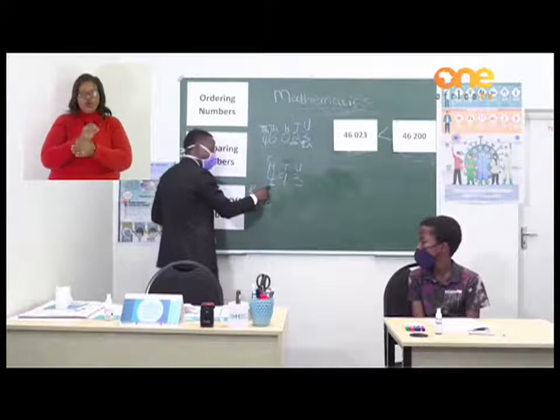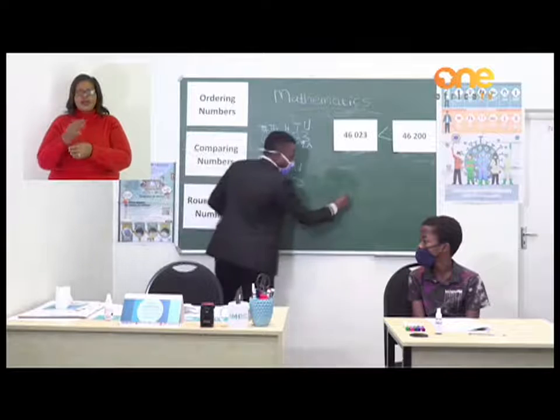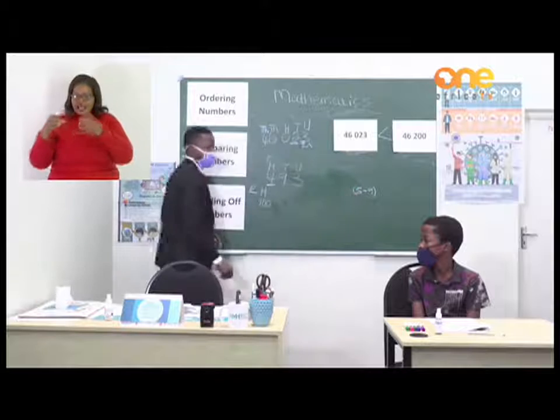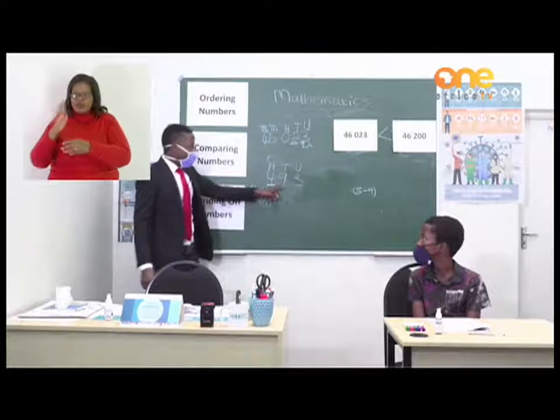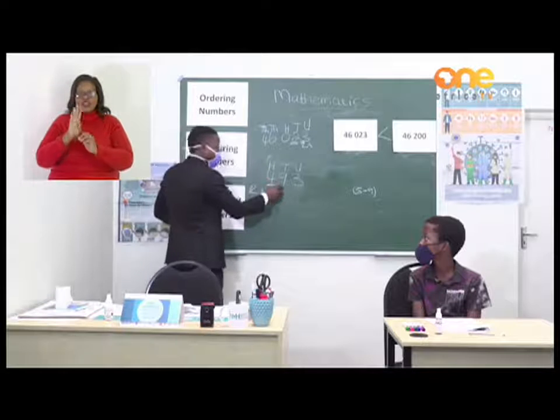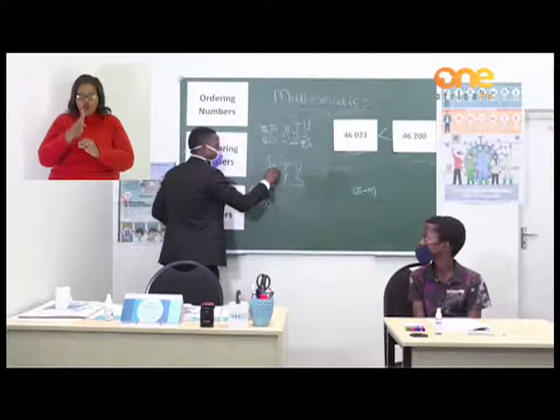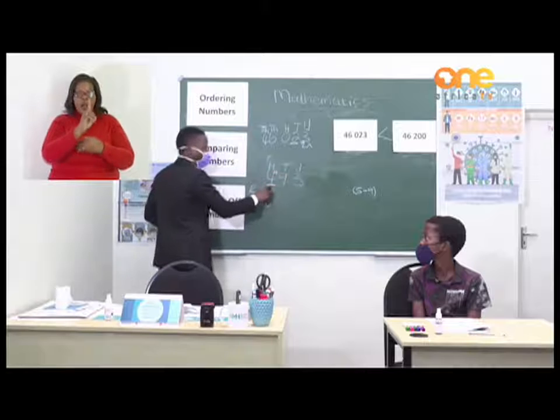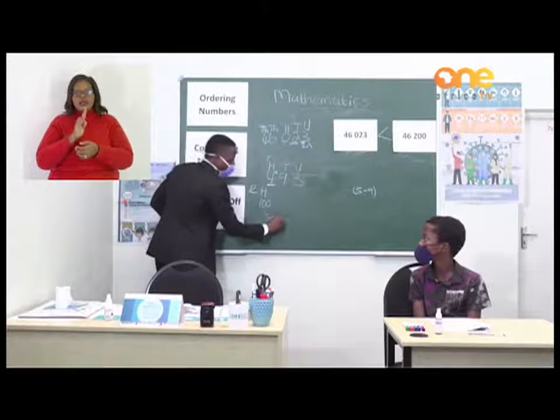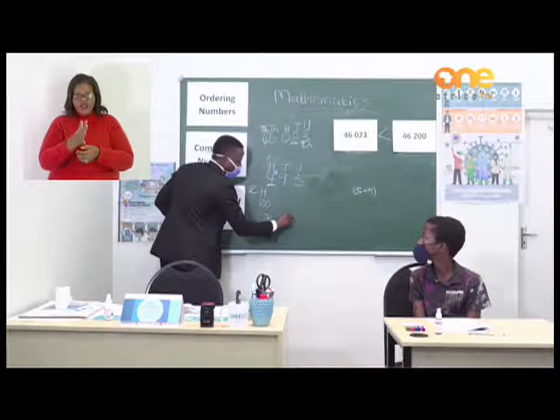Yes, 9 can change 4 because 9 is in this category. If 9 is in that category, it will change 4. And by changing 4, we are adding 1 to 4. And our answer will become 500.